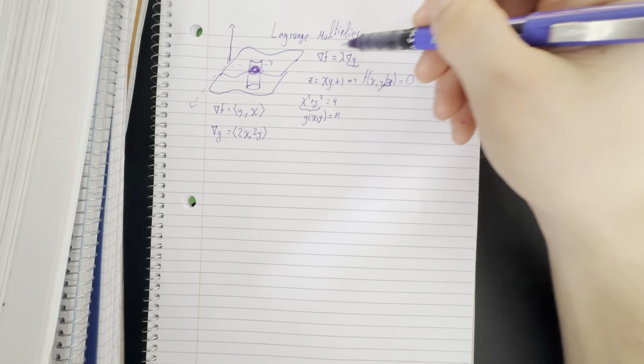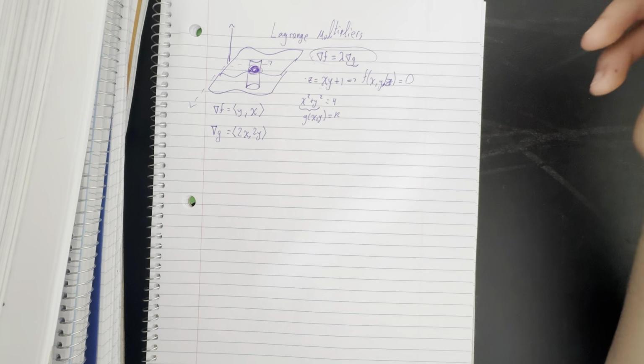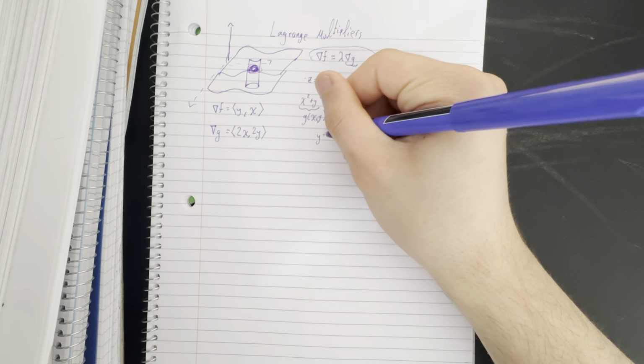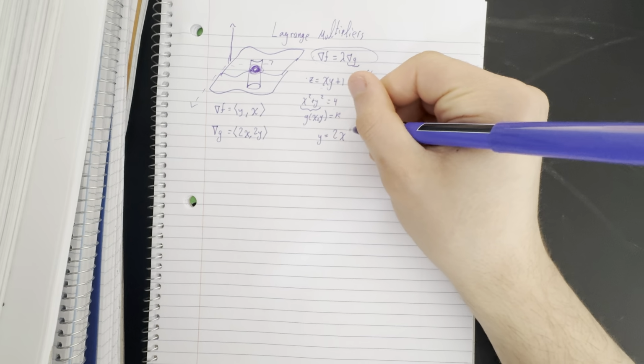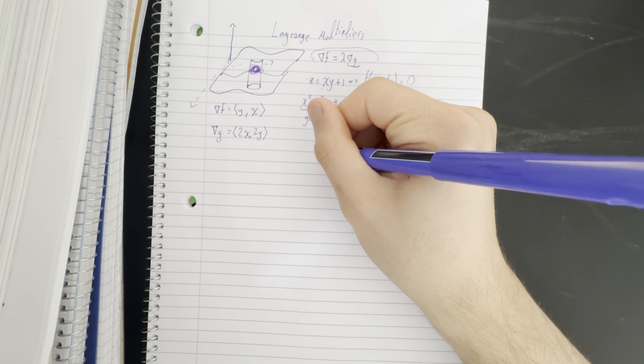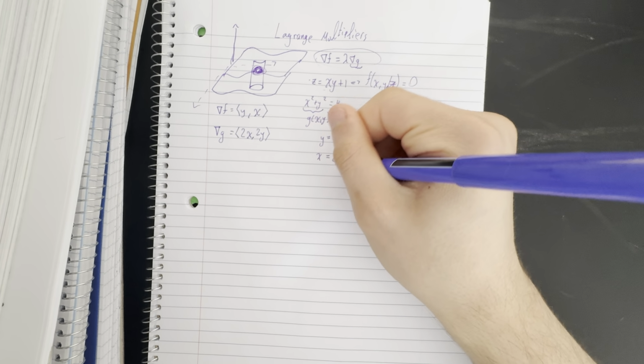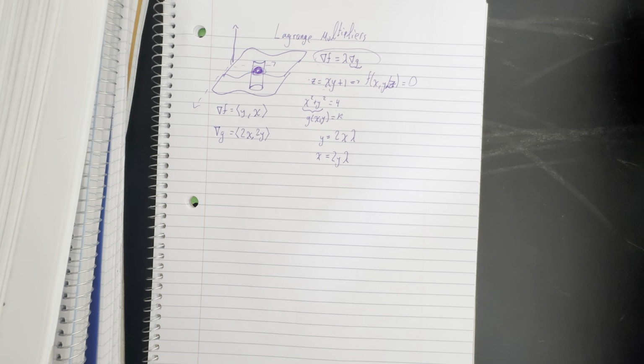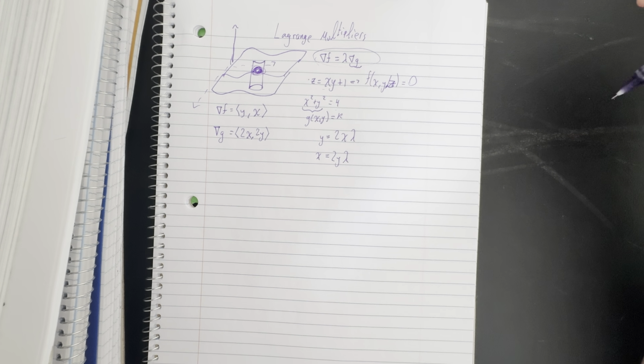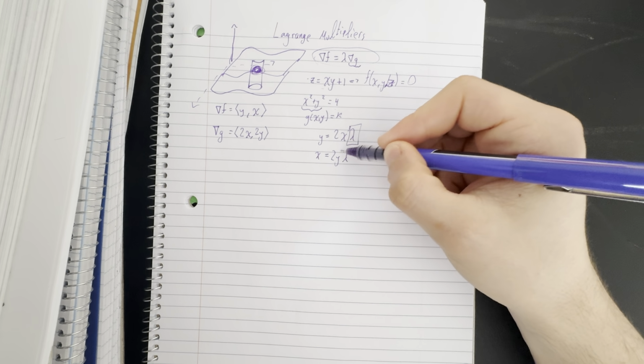Okay, and then we use this little property right here, and we'll get that y equals 2x times lambda, and x equals 2y lambda. Now, the funny part about these is we almost never find what lambda is.